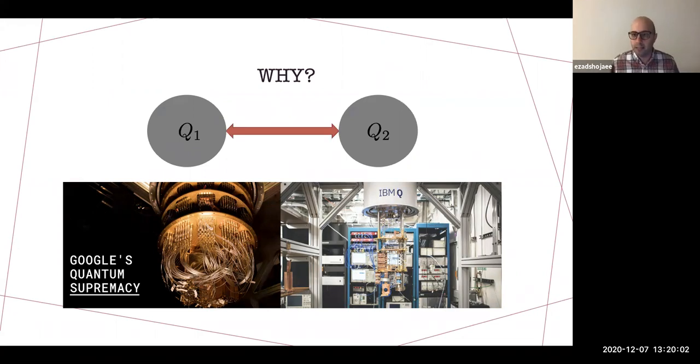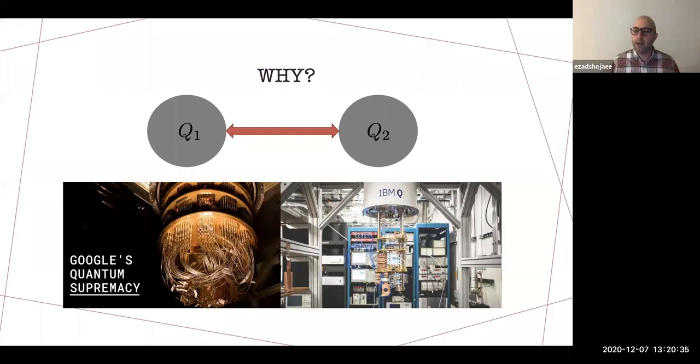To do so, we need to entangle the nodes of the so-called quantum network. Let's say you have two quantum machines, Q1 and Q2, like what they have in IBM, Google, or many other companies nowadays, and you want to entangle them. Even if they are in the same lab, on the same tabletop, you need to work hard to establish quantum entanglement between them. And this is basically what I'm going to talk about in the first half of my talk.